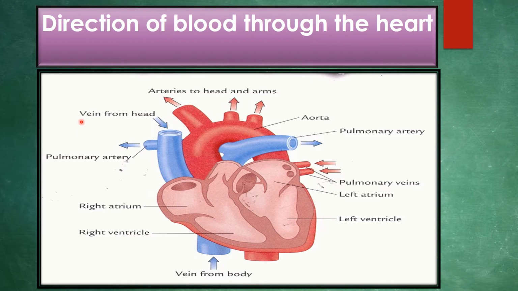The vein from the head is known as the superior vena cava. And the vein that carries the blood from the body is called the inferior vena cava.